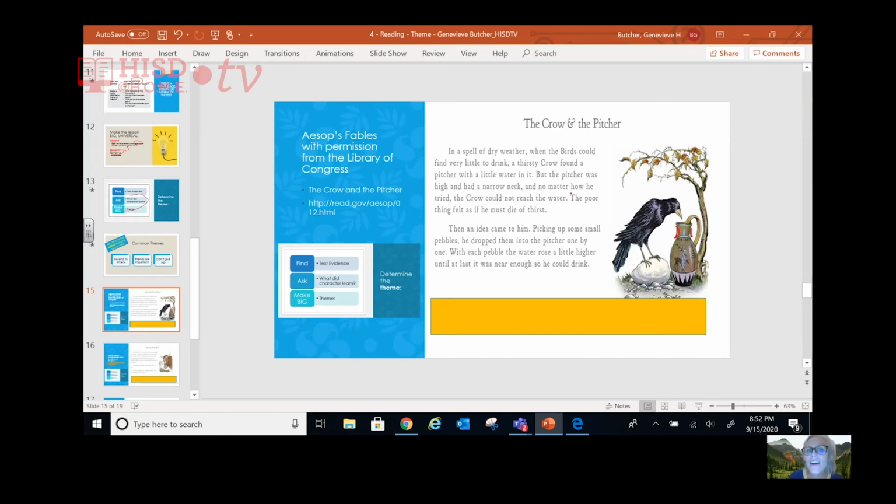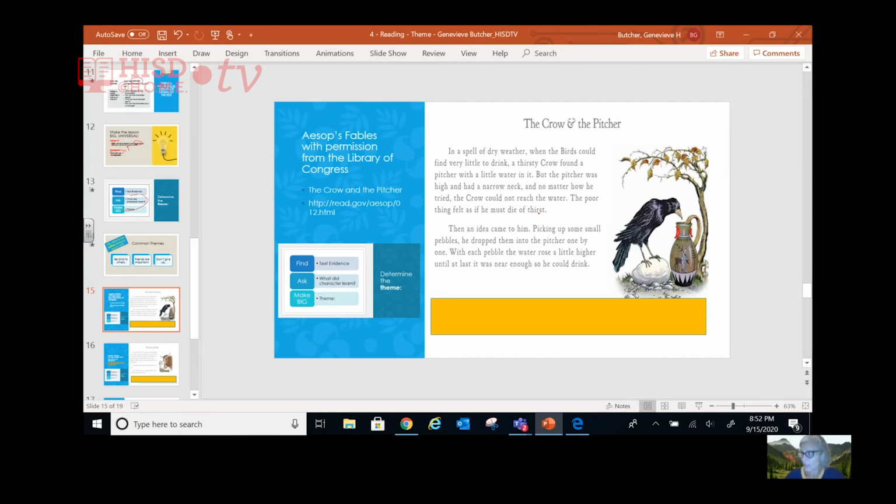And no matter how he tried, the crow could not reach the water. So he tried so hard, no matter how hard he tried, he couldn't do it. The poor thing felt as if he must die of thirst. Have you ever been that thirsty where you need to drink? He needs to drink. Doesn't anybody understand? He needs to drink, but he can't do it. So he's trying so hard. So guess what?